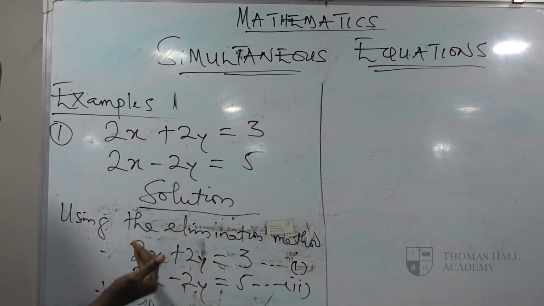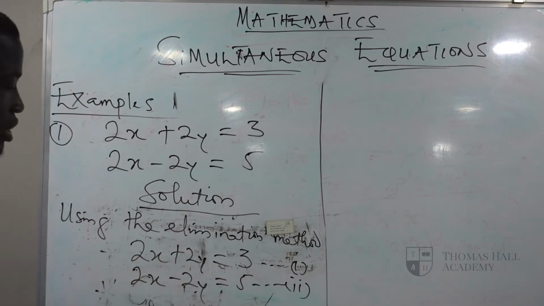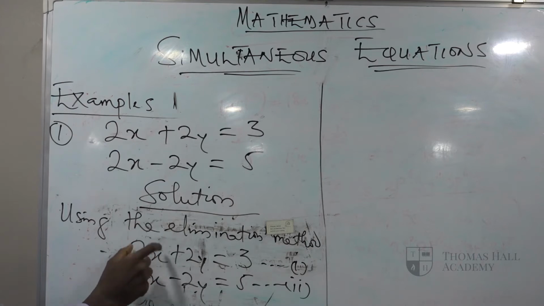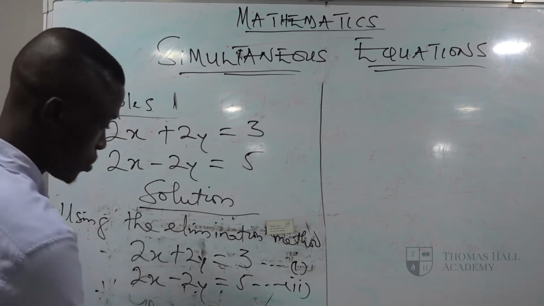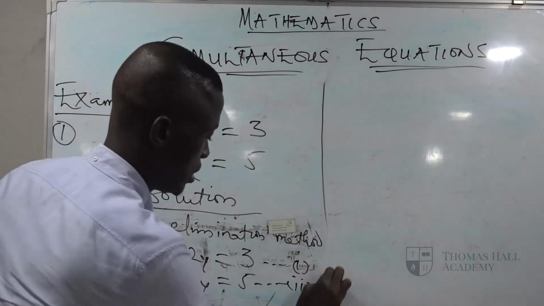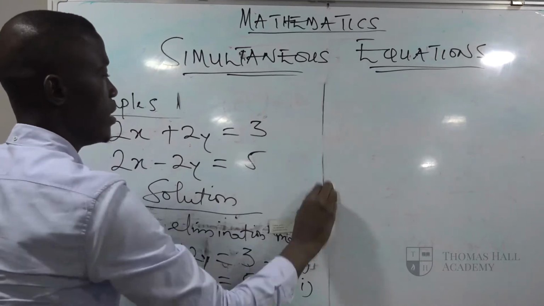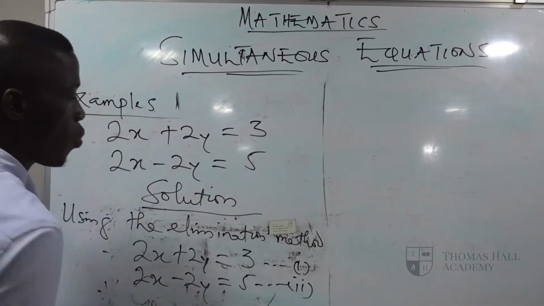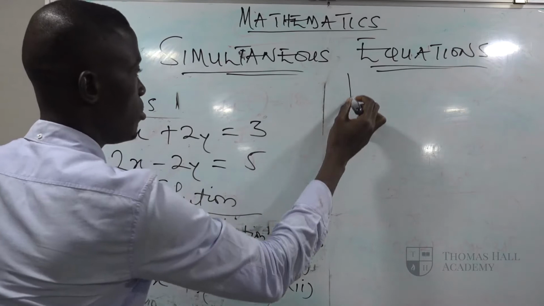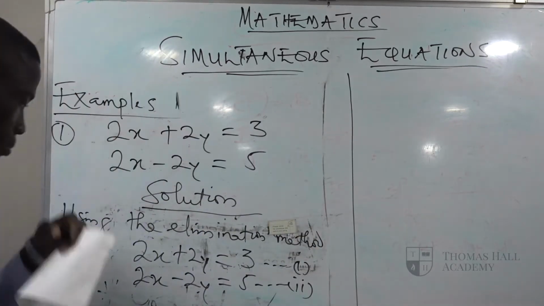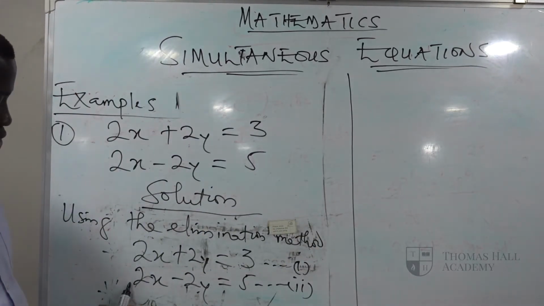You rearrange without changing anything so that we have the same variables aligned. Then how do we eliminate either x or y? To eliminate now, this is 2x.